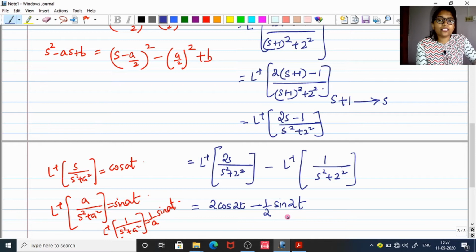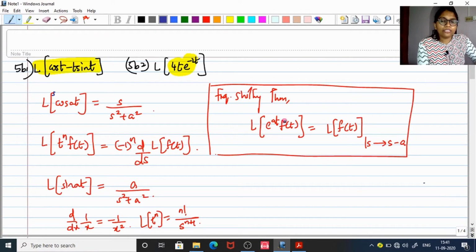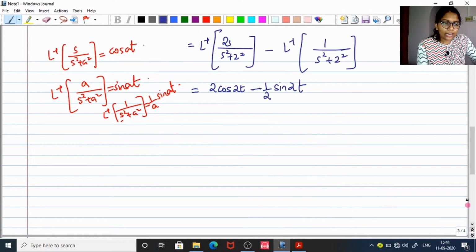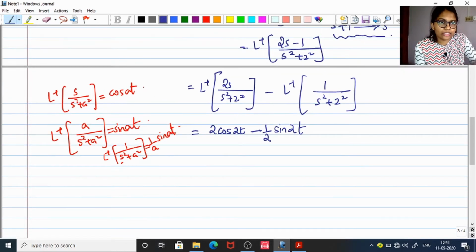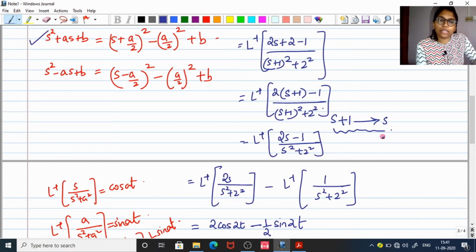See, still the answer is not yet complete because we had a replacement of s plus 1 with s. In the frequency shifting theorem, if there is a combination of e raised to at and f of t, we had a replacement. In the inverse Laplace transform, if we have a replacement, we have to accompany one e raised to at with f of t. Here we had a replacement where s plus 1 is replaced by s, isn't it?